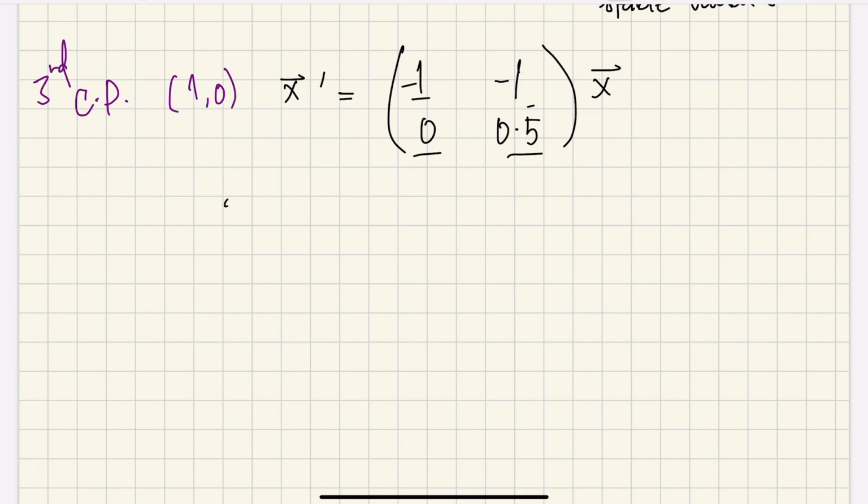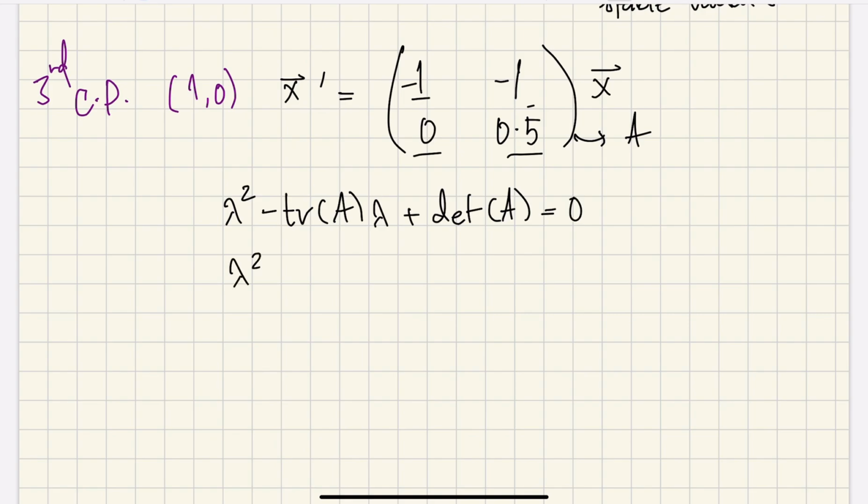So the characteristic equation, now I'm going to assume that this is A. This gives me lambda squared plus 0.5 lambda minus 0.5 is equal to 0.